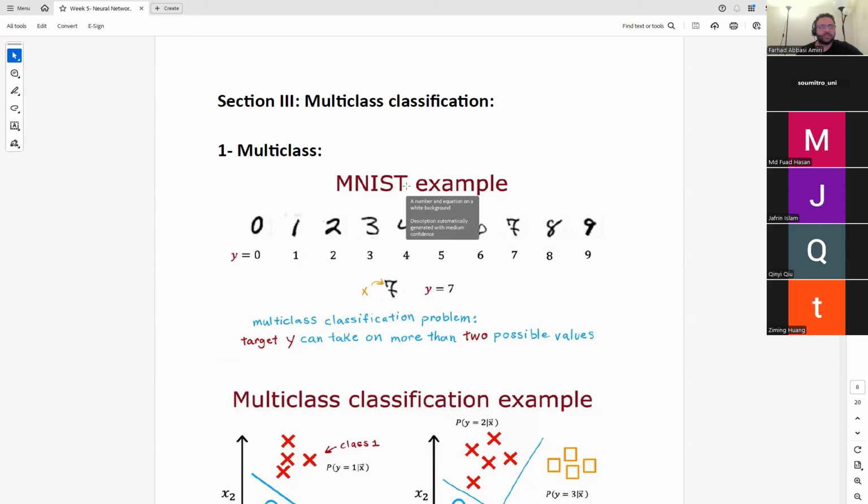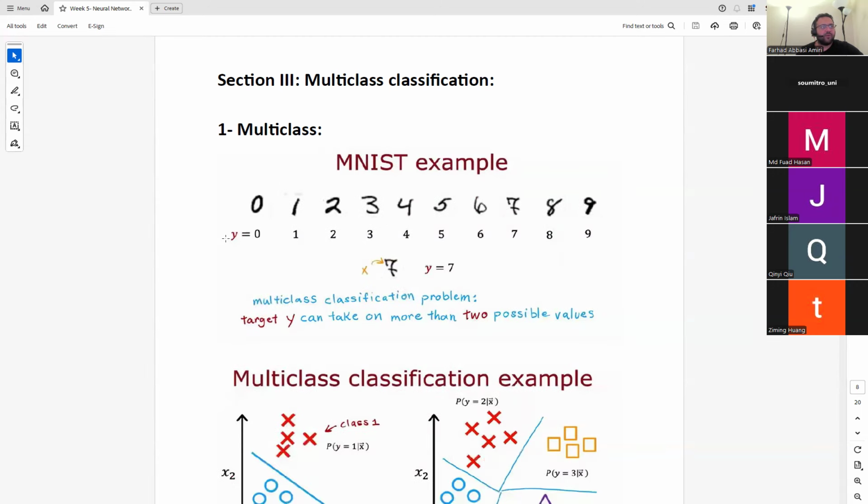There are a lot of data sets for machine learning and computer vision applications. As you can see here, unlike binary classification where we had just two classes, 0 or 1, right now the output y hat could be 10 classes, from 0, 1 up to 9.